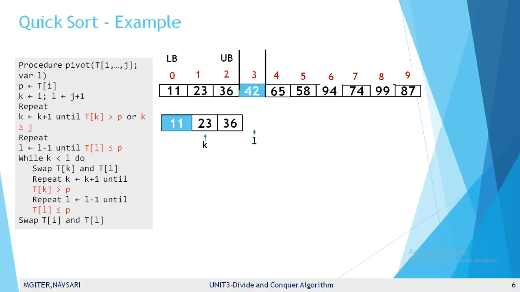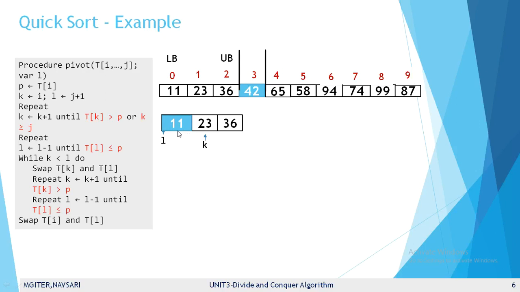We stop incrementing. Now we decrement L. L is 36, which is greater. Again we decrement L to index 1, that is 23, which is greater. Now again we decrement to 11, which is the pivot element. Here no element is found which is greater or less than the pivot element, so the pivot element is at the right position. No need to swap.